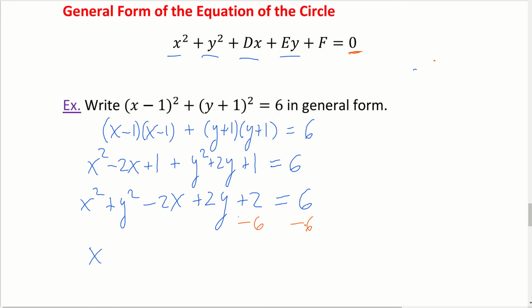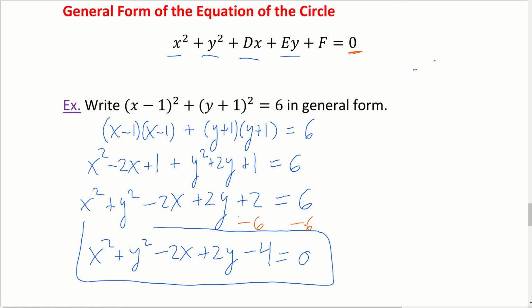We have x squared plus y squared minus 2x plus 2y, and then positive 2 and a negative 6 will combine to make a negative 4, and on the right hand side we have 0. And so this would be the general form of the equation of a circle.